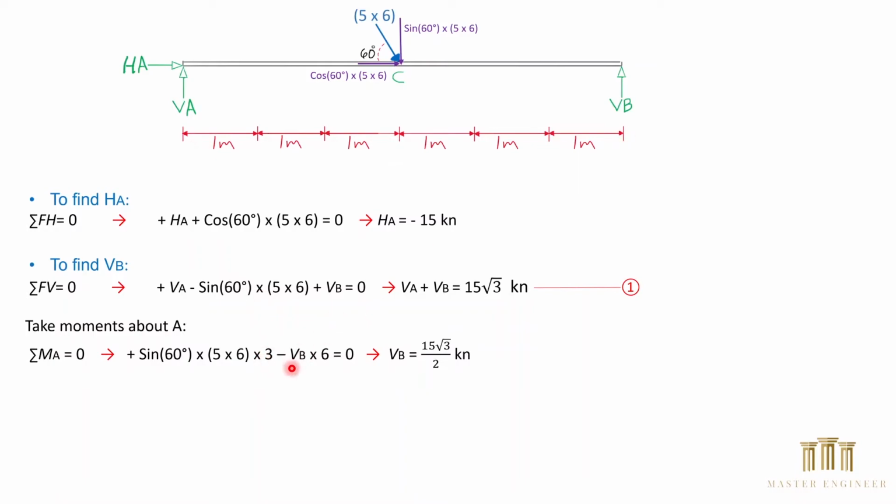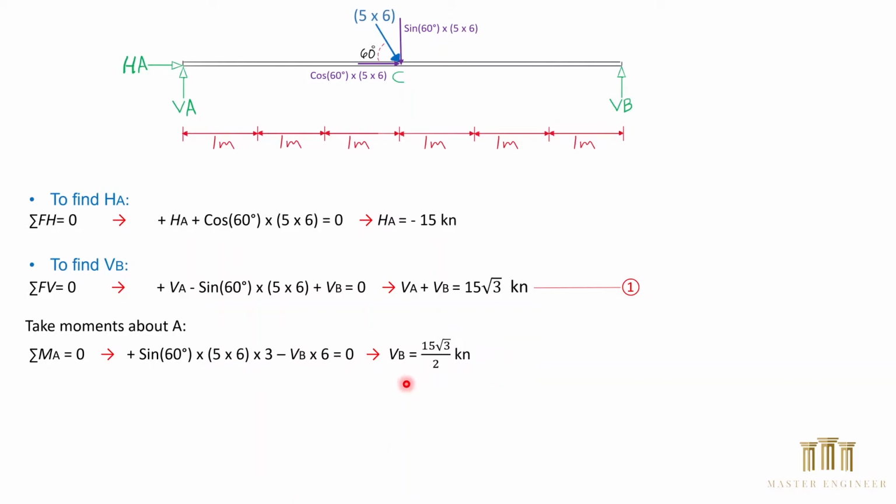Then we have negative VB acting anti-clockwise multiplied by the total length of 6 meters equals 0. If you rearrange this, VB equal 50 multiplied by square root of 3 divided by 2 kilonewton.